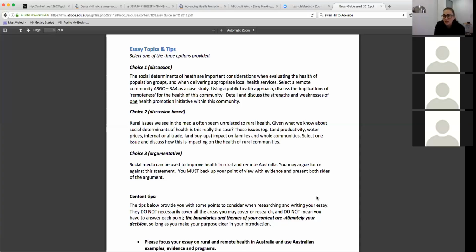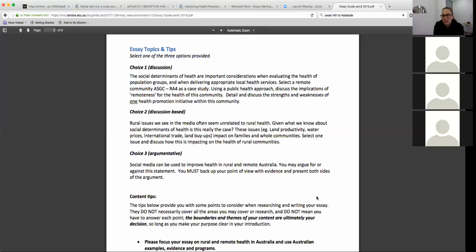Then you need to choose one health promotion initiative that takes place within that remote town. So an idea would be making sure that when you're talking about the implications of remoteness for the community's health, that you actually discuss the health issue that the health promotion initiative is working on.